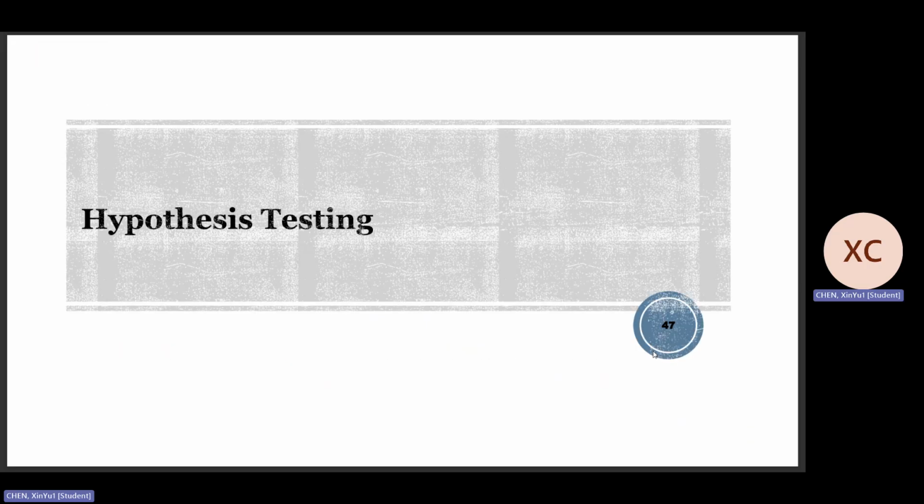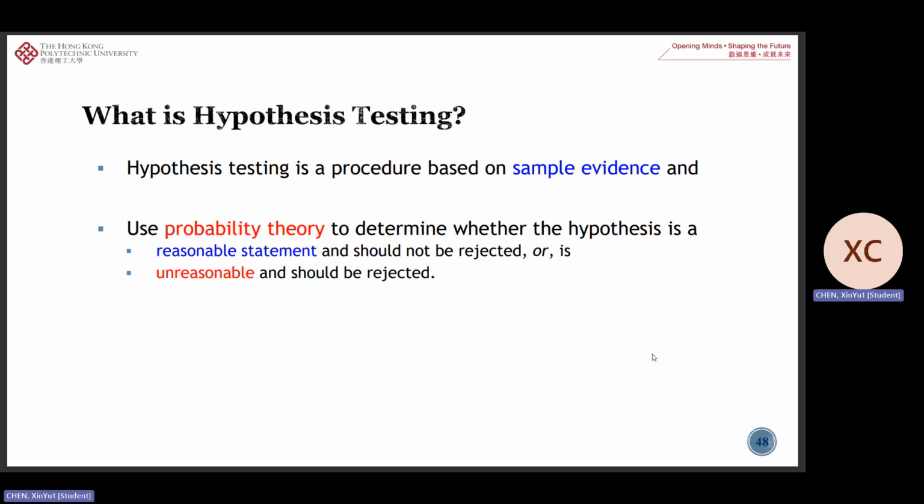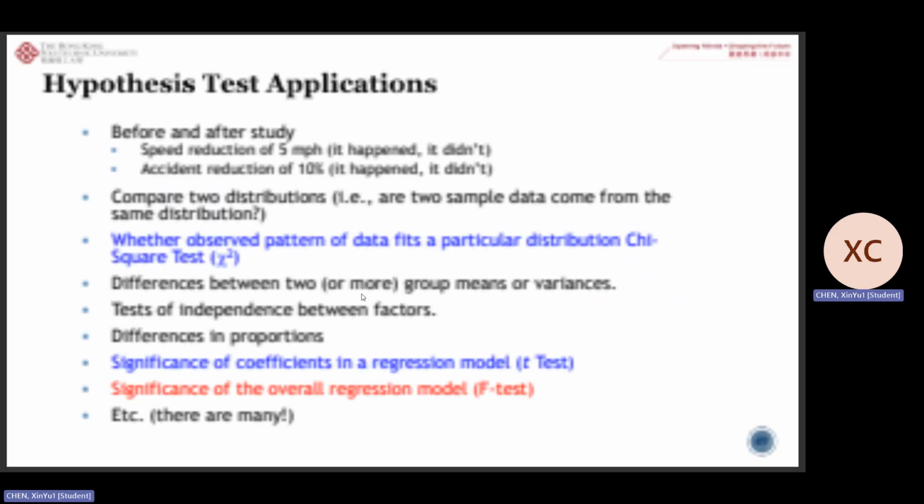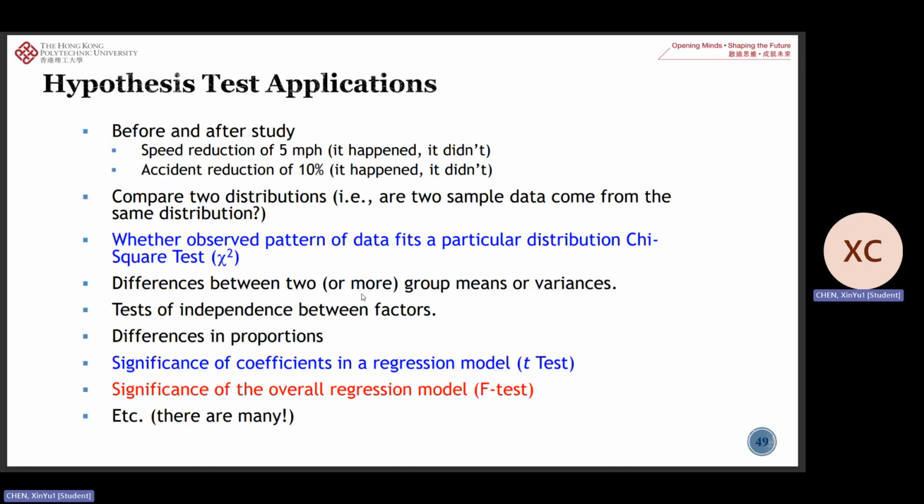Okay, then next is the issue of hypothesis testing. What is hypothesis testing? Hypothesis testing is the procedure based on sample evidence that uses probability theory to determine whether a hypothesis is a reasonable statement, and if unreasonable, it should be rejected. So for instance, you know the regression model, right? Regression is very common.